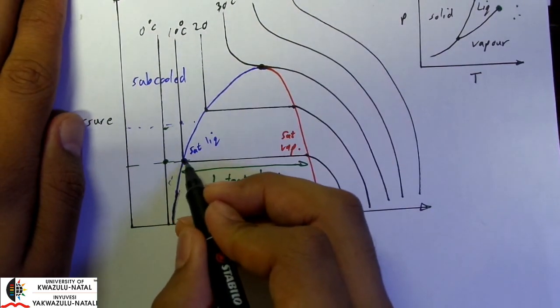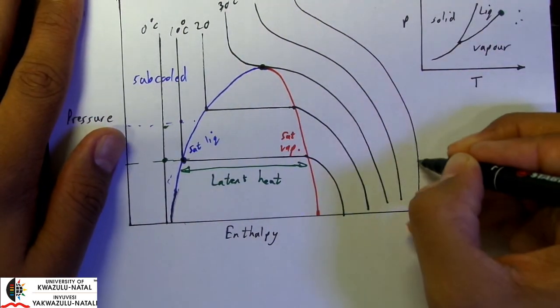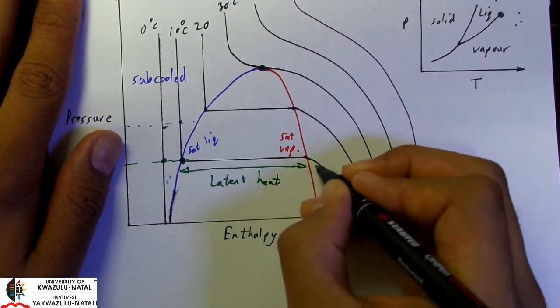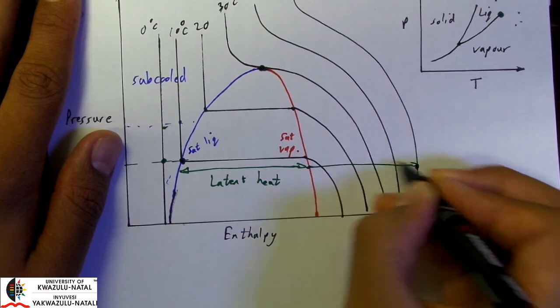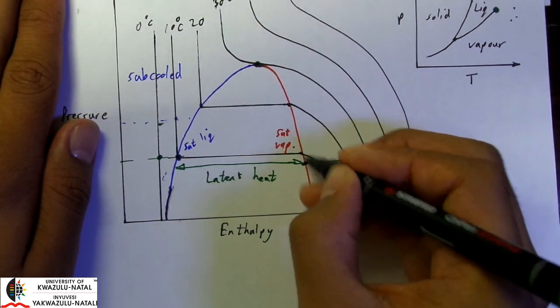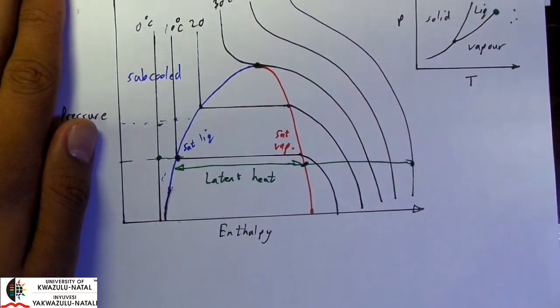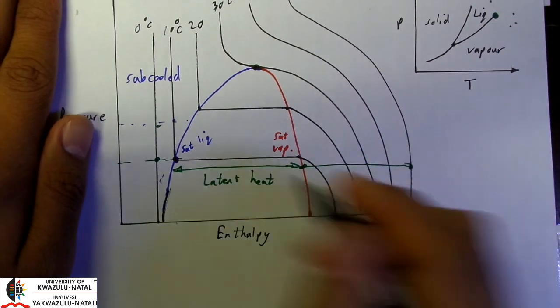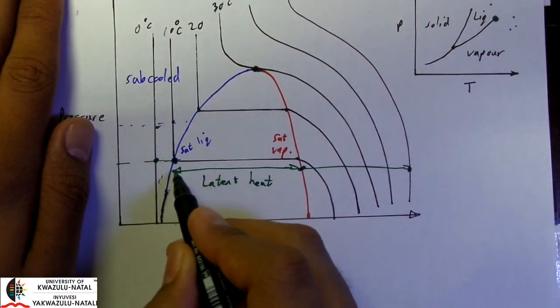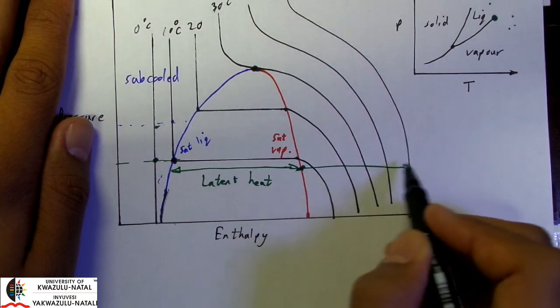And this occurs at constant temperature and pressure. Thereafter, we require more sensible heat to go from a saturated vapor to a superheated gas at 50 degrees. So that's sensible heat here, latent heat, and sensible heat here in the gaseous phase.